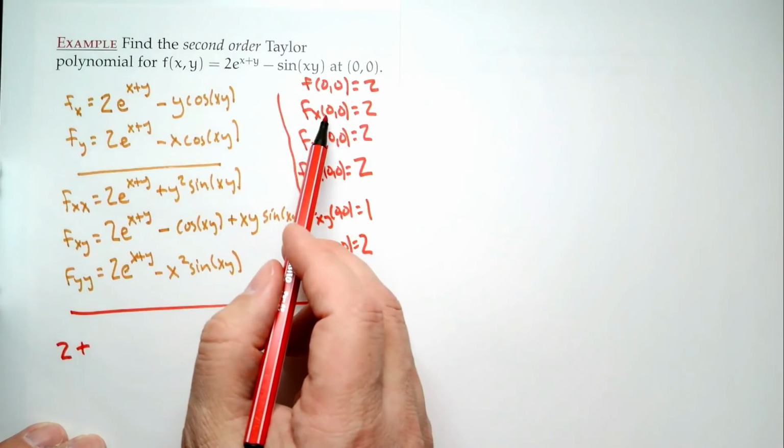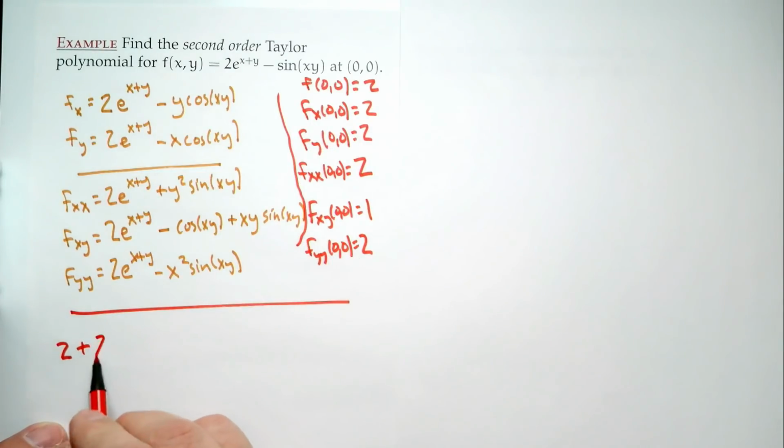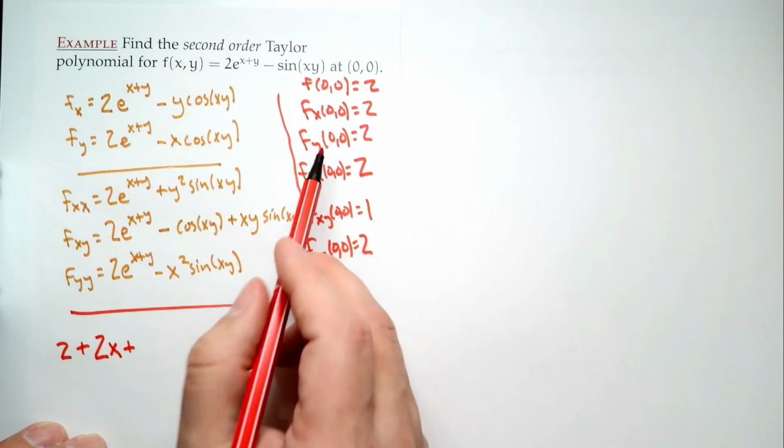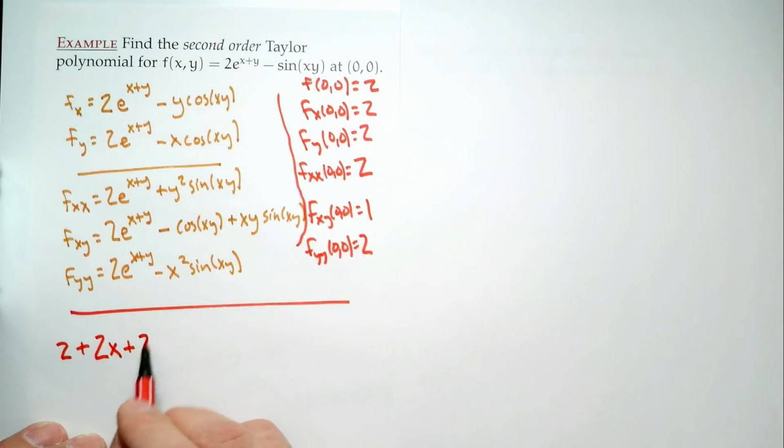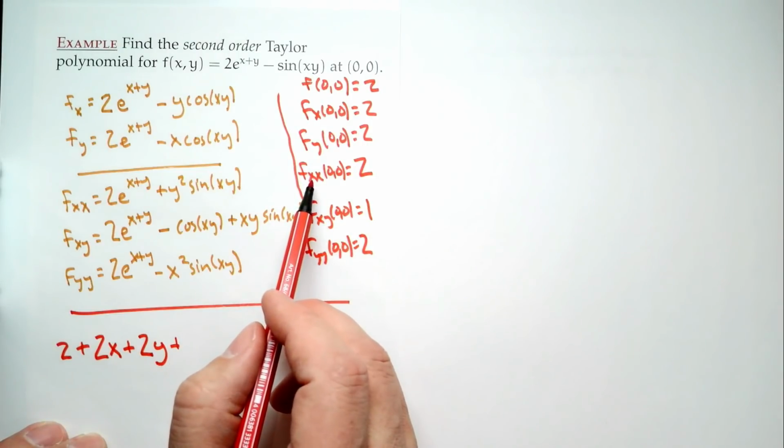plus the derivative with respect to x, which is 2, times x minus a, which is x, plus the derivative with respect to y, which is 2, times y minus b, which becomes y, plus 1/2 times the second derivative with respect to x.